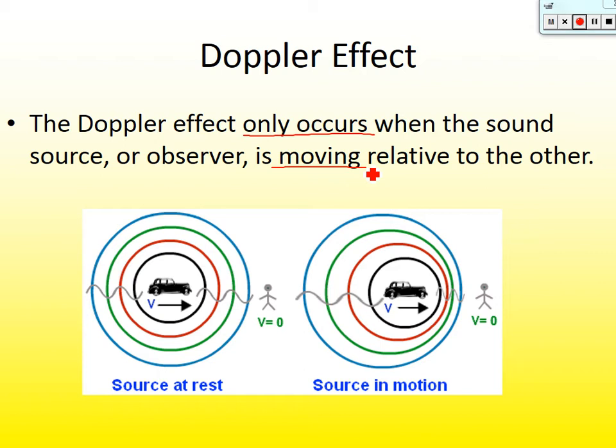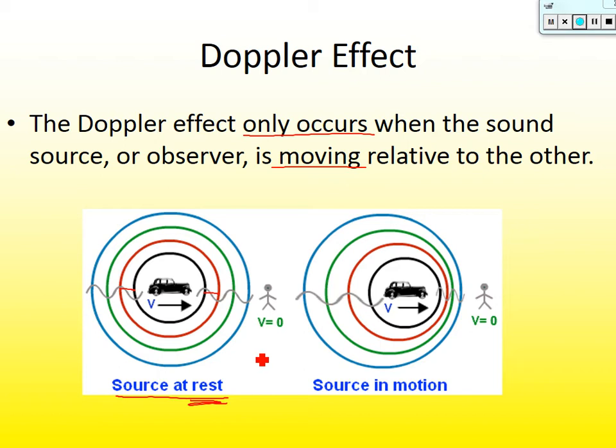If your source is at rest, so let's say this car honks its horn, that sound wave is sent out, and if you notice, the wavelength in front of the car and behind the car are the same because the car is at rest. So the Doppler effect doesn't occur when the car is at rest, or when the observer is at rest.